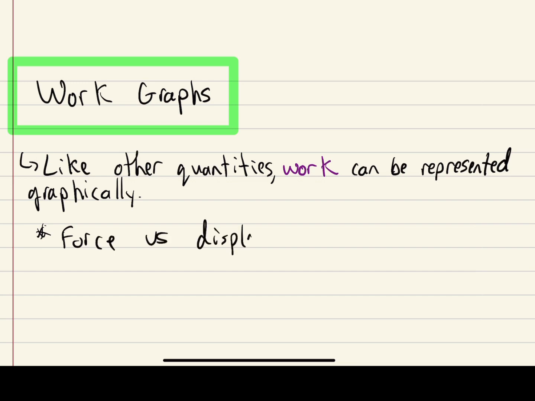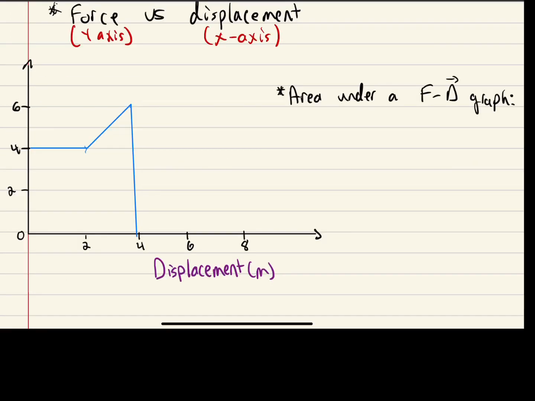And when we write it like this, force versus displacement, we mean to say that displacement is on the x-axis as the independent variable, and that force is on the y-axis. So for force displacement graphs, the area under the graph is what equals the work done on the object.